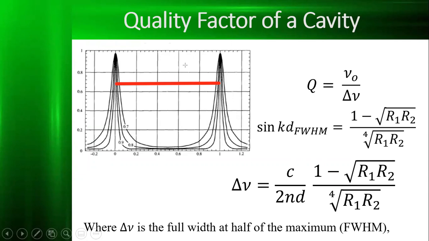On the other hand, we have another parameter, the full width at half maximum, which represents the deviation here. So the higher the free spectral range, which means the higher the fence, the farther apart the resonances are.